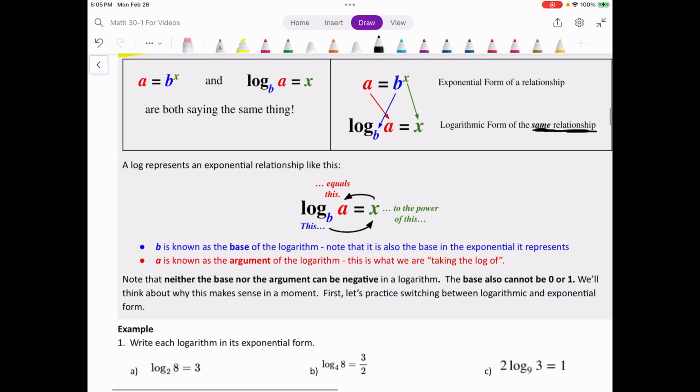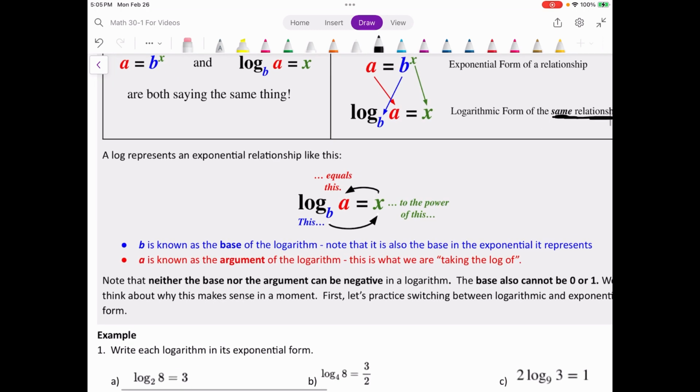Here is what we are saying, and here's how to read a logarithmic expression, okay? It's just taking an exponential relationship and it represents it like this. So we sometimes talk about a backwards C. You sometimes hear people say, it's just saying start from the base. All it's saying is that this base to the power of whatever this is equal to equals this, what we call the argument.